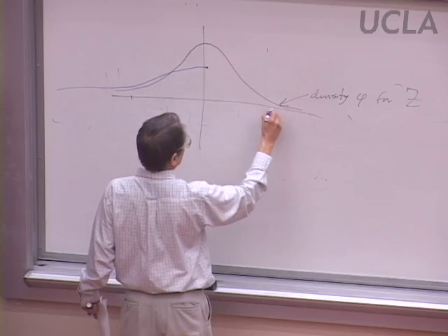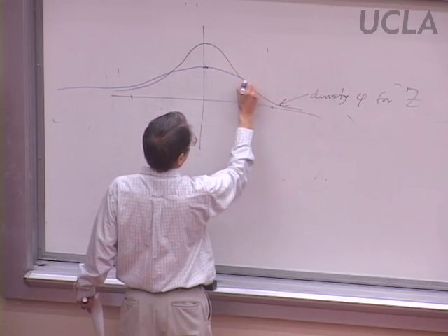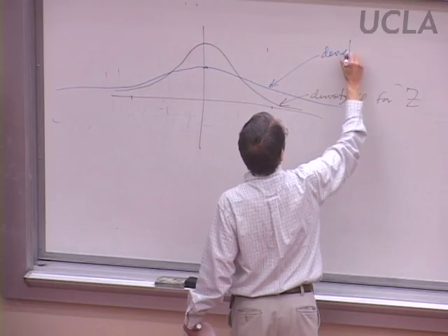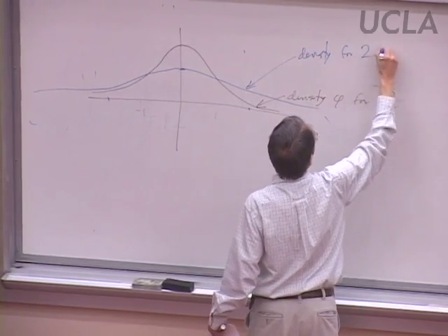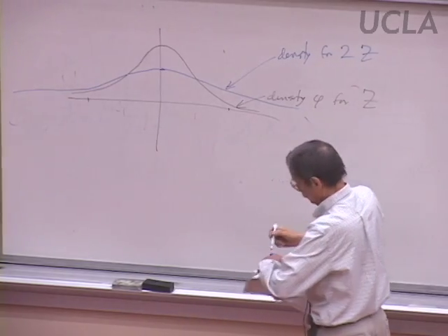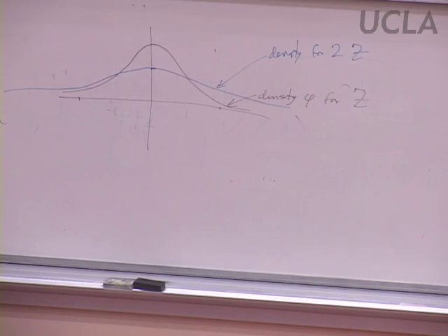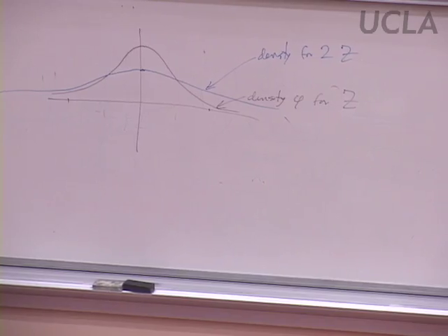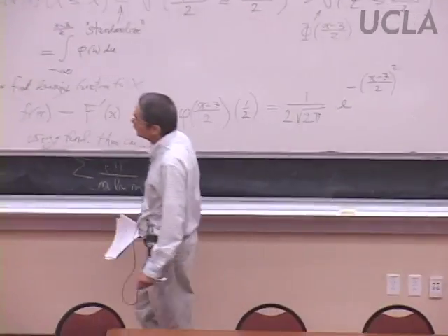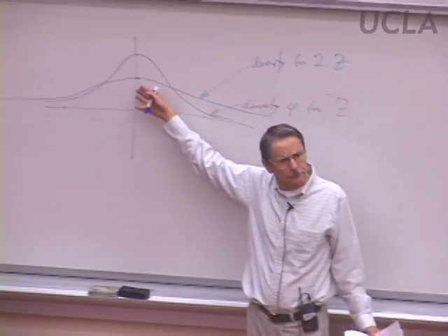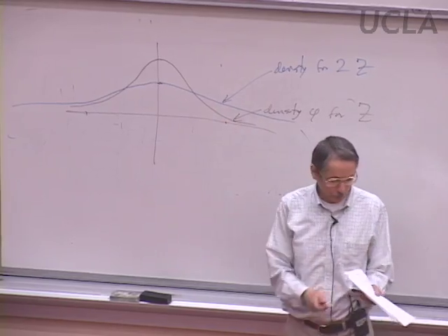So that's 1, 2 is around there. Its value at 0 is a little smaller because we've got this 1 over sigma here. It's a density function, so the total area is still 1, but it's more spread out.